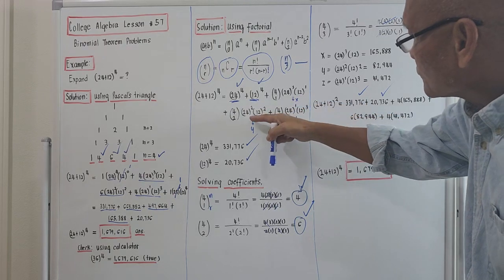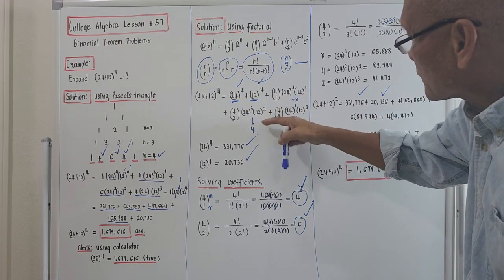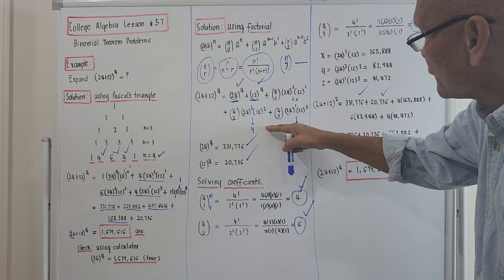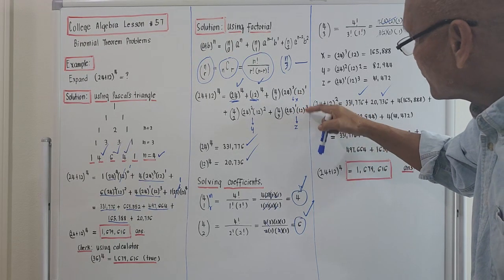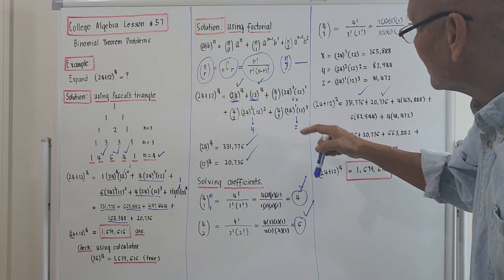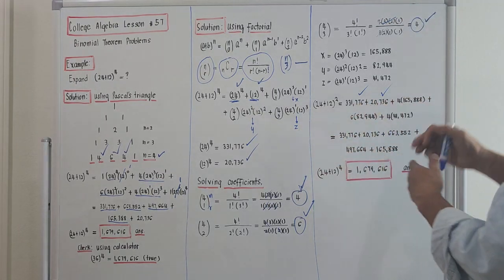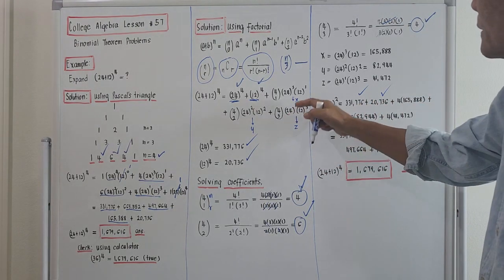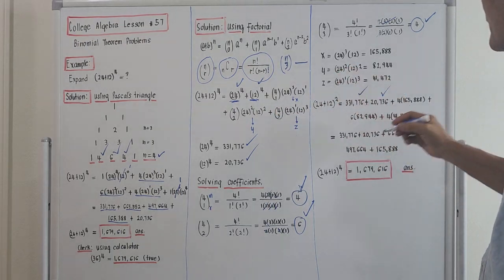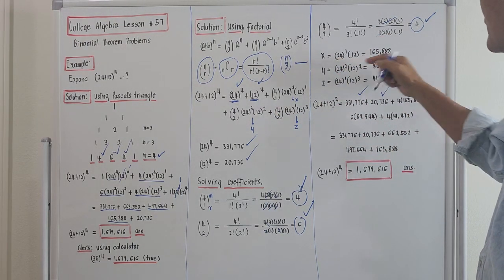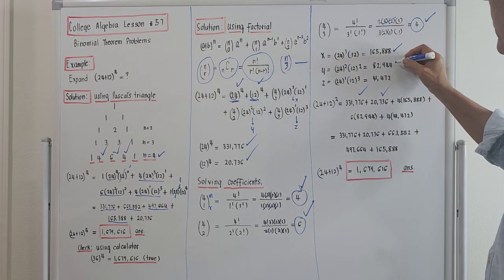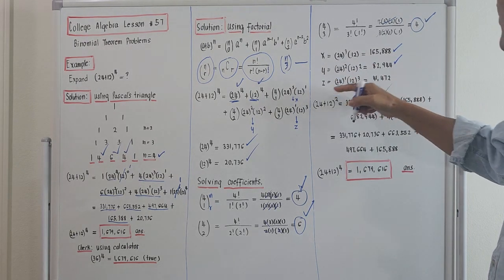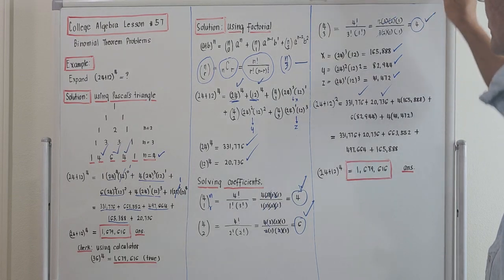And the simplification of 24 squared times 12 squared, I represent that as y. And the product of 24 times 12 cubed, I represent that as z. Before I go with this, I computed x, y, and z separately also. These are the values: x is 165,888, y will be 82,944, and z will be 41,472.